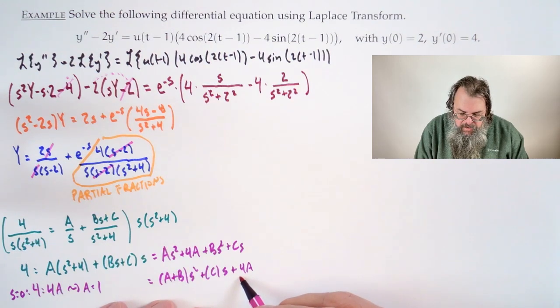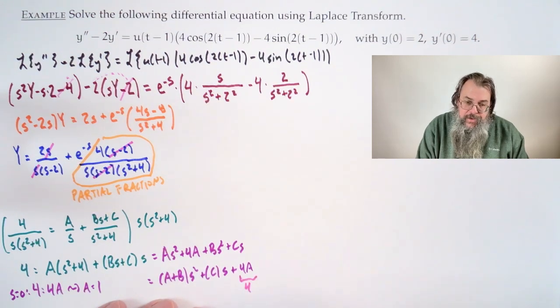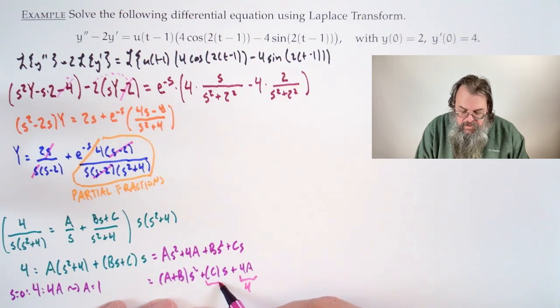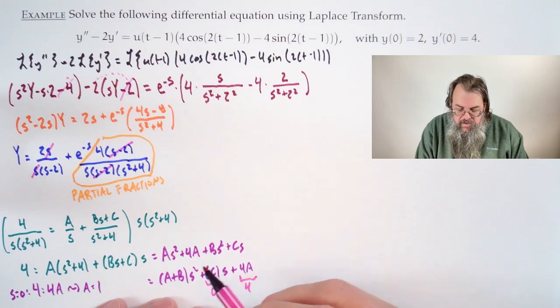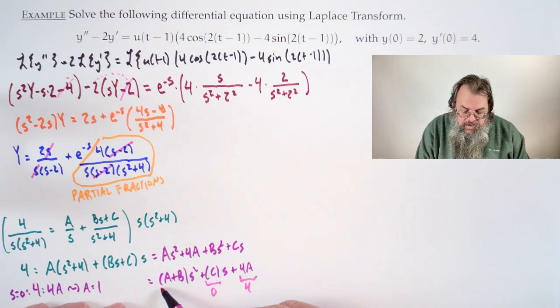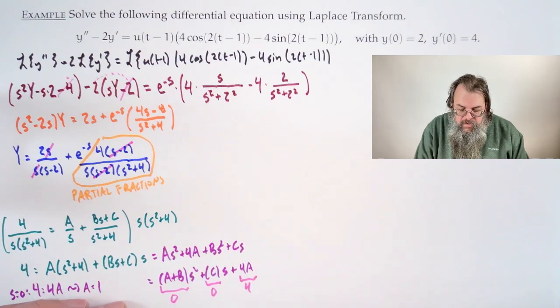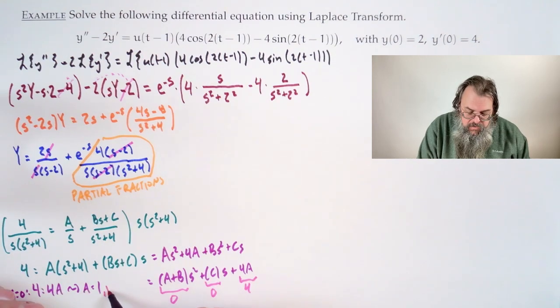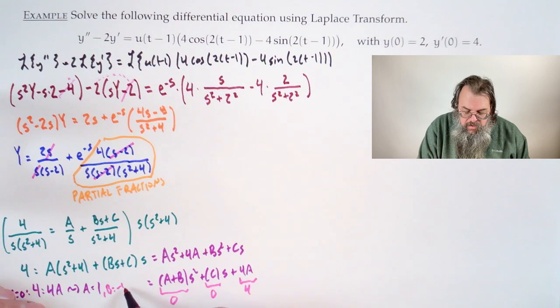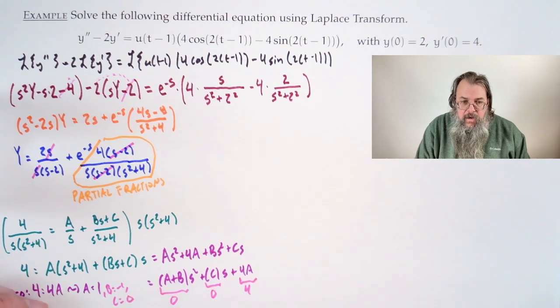Well, 4A has to match with 4. It tells us A equals 1, which we knew. C, there is no s on the other side, so this has to be 0. That tells us C equals 0. And A plus B has to equal 0. Since A equals 1, that says B equals minus 1. So we know our terms.